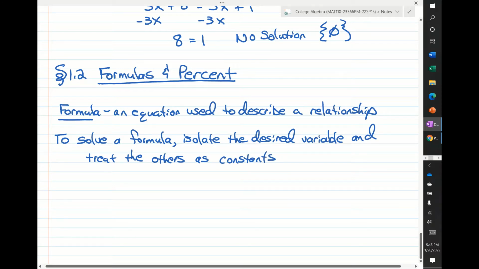And this is piggybacking off the section we just did. When we're solving equations, we bring the numbers on the other side. When we're talking about formulas, we do that with letters.